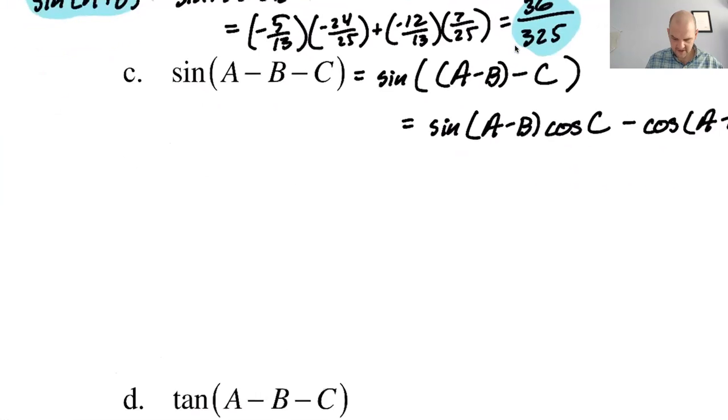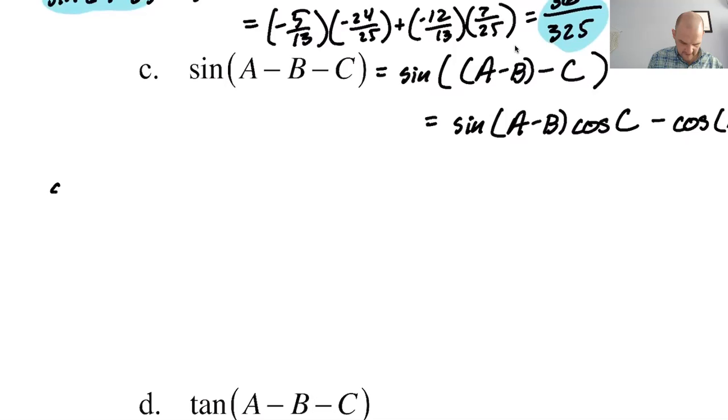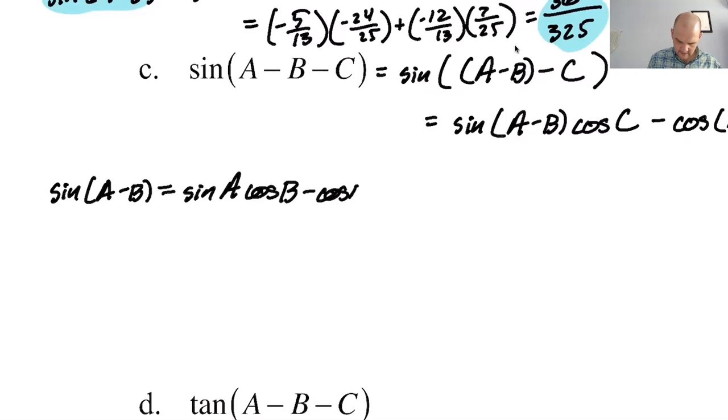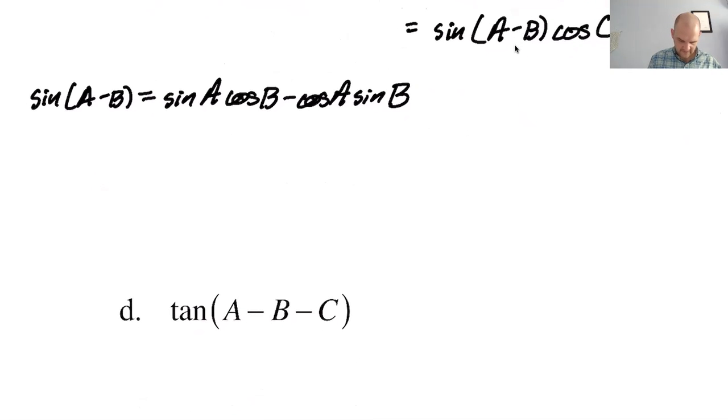So sine of A minus B is sine cosine minus cosine sine. And then I'm just going to write down cosine of A minus B at the same time.